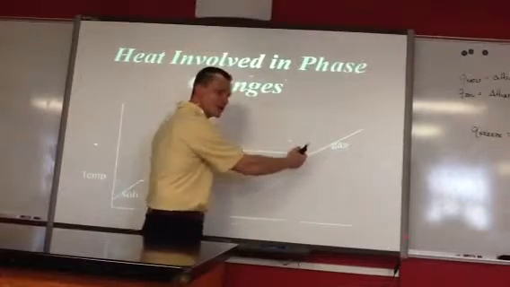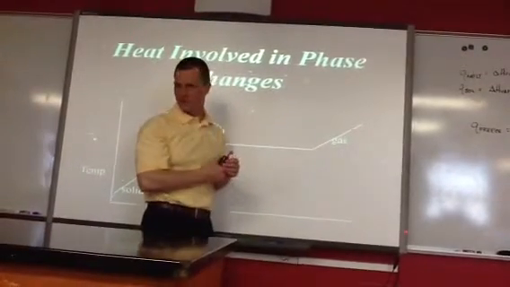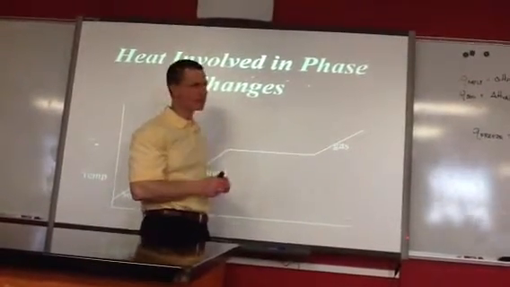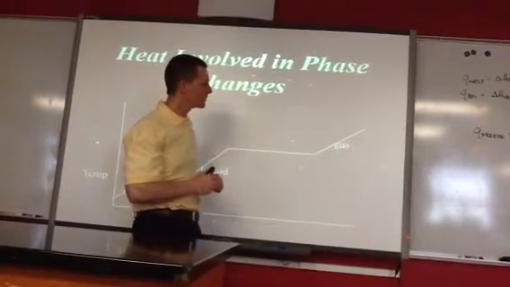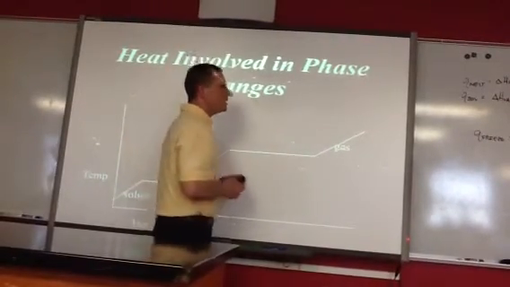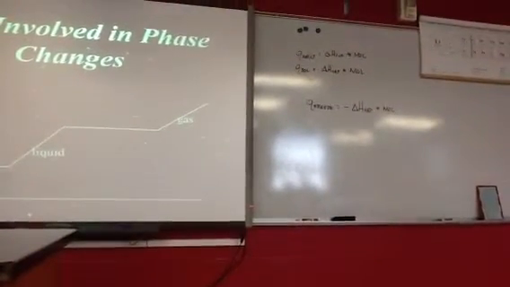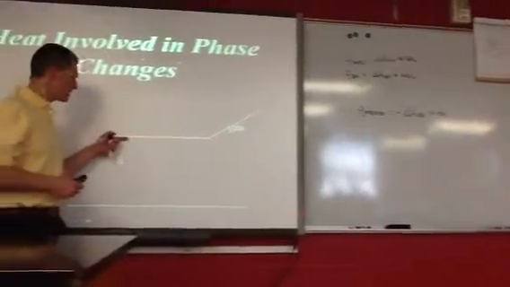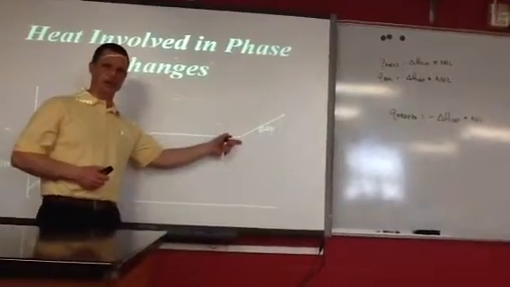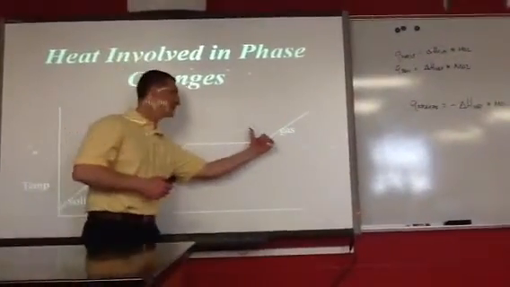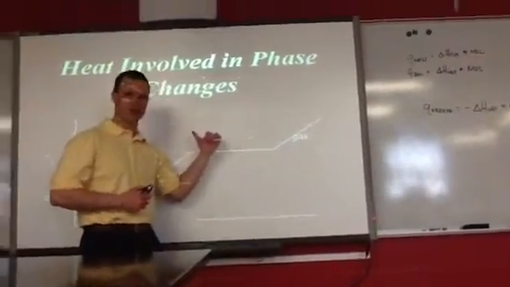So the number is the same, it's just the sign in front of the number that's different. Boiling is this amount of energy in that direction, and condensation is the same amount of energy but going the other direction.